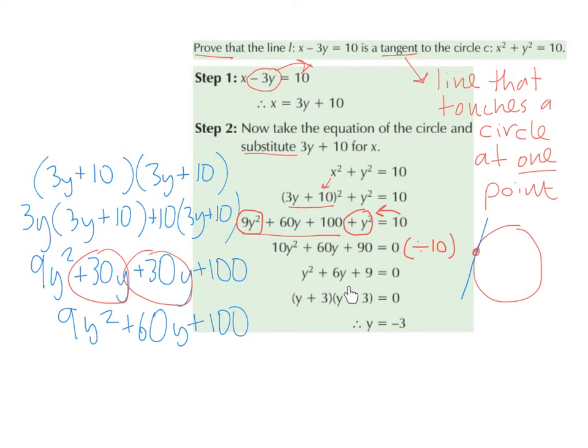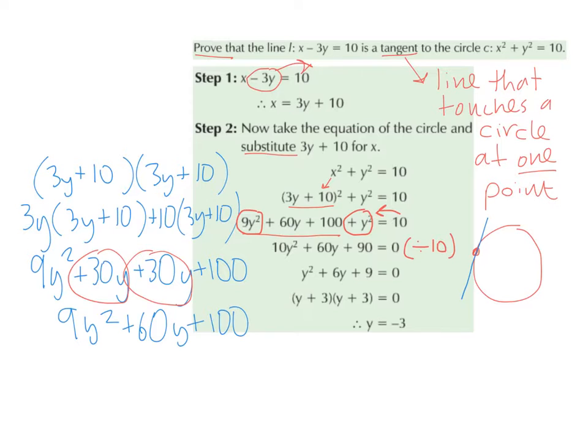If we didn't want to factorize here, we could have solved by using the quadratic formula, also known as the minus b formula, by letting a equal to 1, because that's really 1y squared, b equal to 6, and c equal to 9. So we were asked to prove that the line L is a tangent to the circle C. So what we had to do was find their points of intersection.